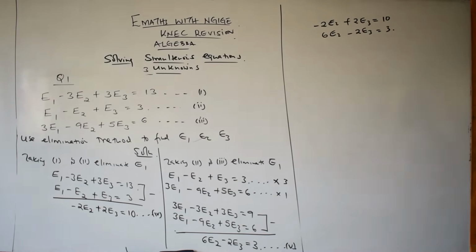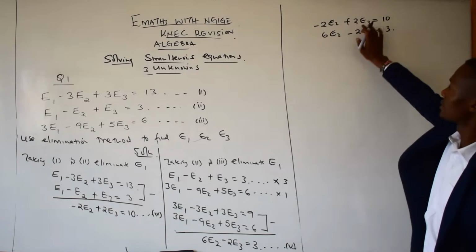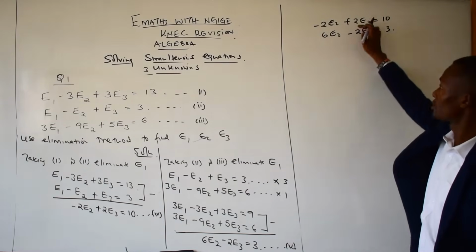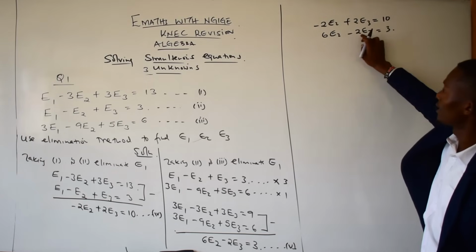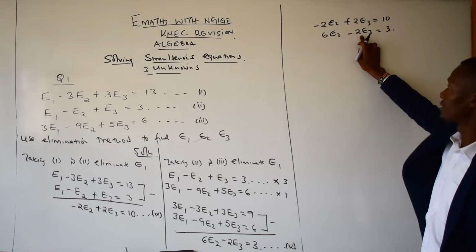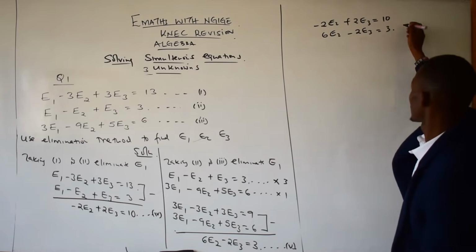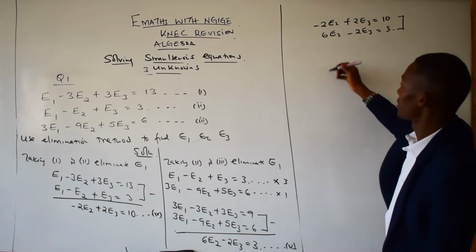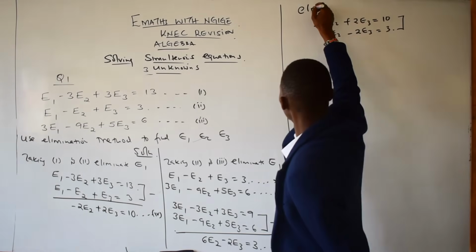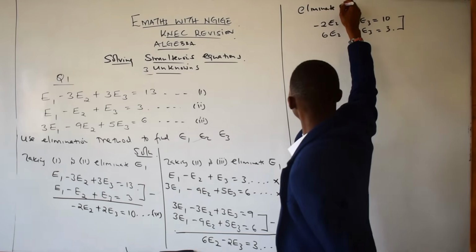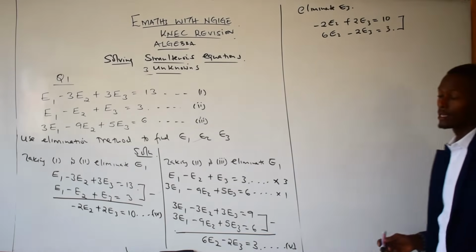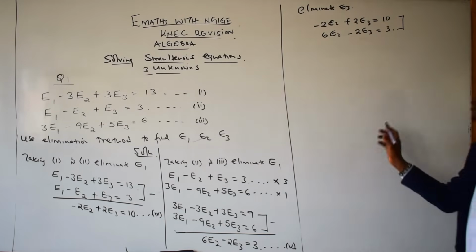Now again, choose a term which you want to eliminate. In our case, it is easier to eliminate E3, because the term at E3 here and the term at E3 here are the same size. So using these two, we eliminate E3. How do you eliminate it?